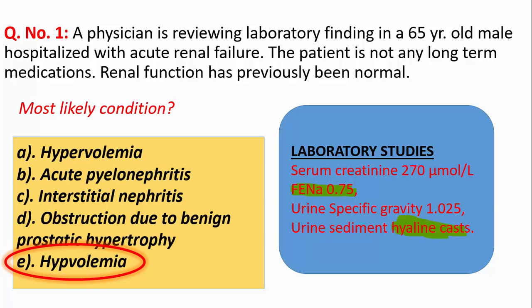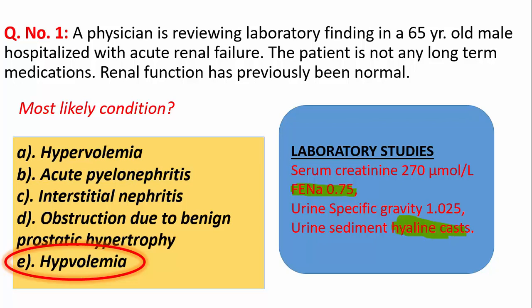Of the possibilities listed here, hypovolemia is the only condition that could result in this pre-renal acute renal failure. Furthermore, a BUN to creatinine ratio greater than 20, a urine specific gravity of 1.020 and hyaline casts all support the diagnosis of hypovolemia.